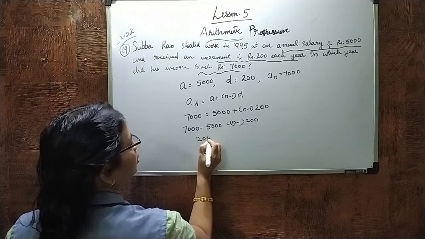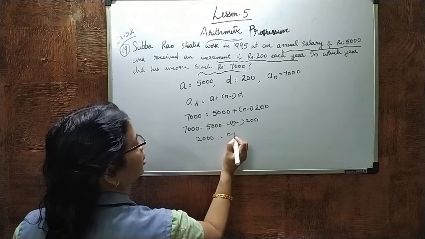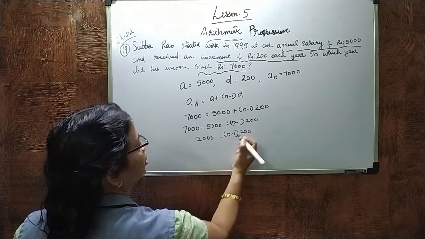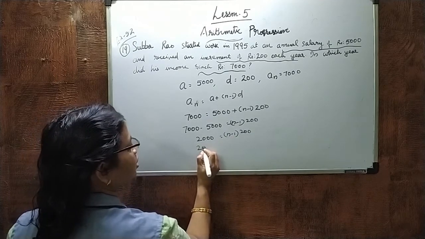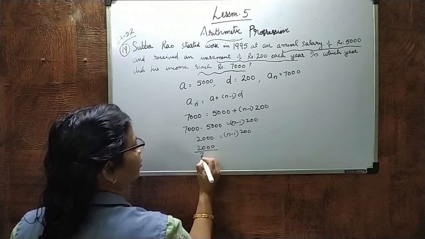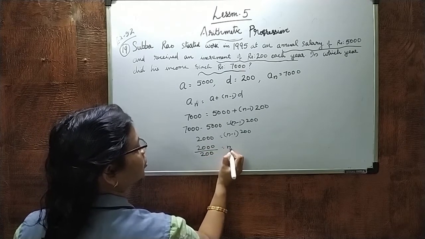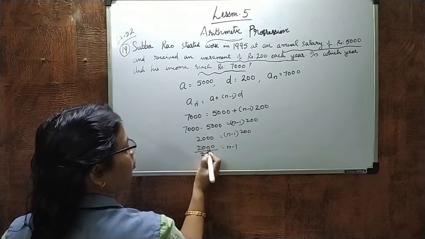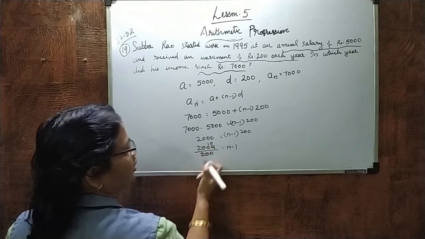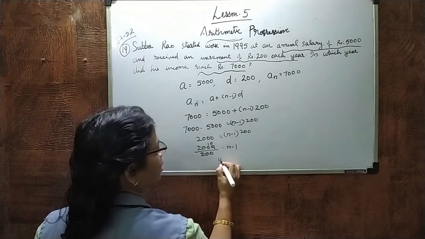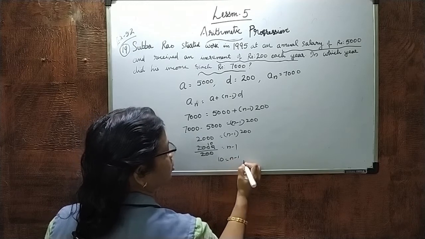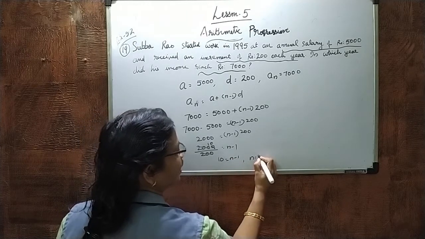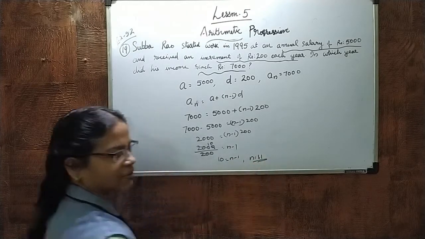Here you will get 2,000 equals N minus 1 into 200. Then 200 you are taking to this side. 2,000 divided by 200 is equal to N minus 1. So 200 and 200 cancel, balance will be 10. Right? So 10 is equal to N minus 1. So N is equal to 10 plus 1, you will get the answer 11.